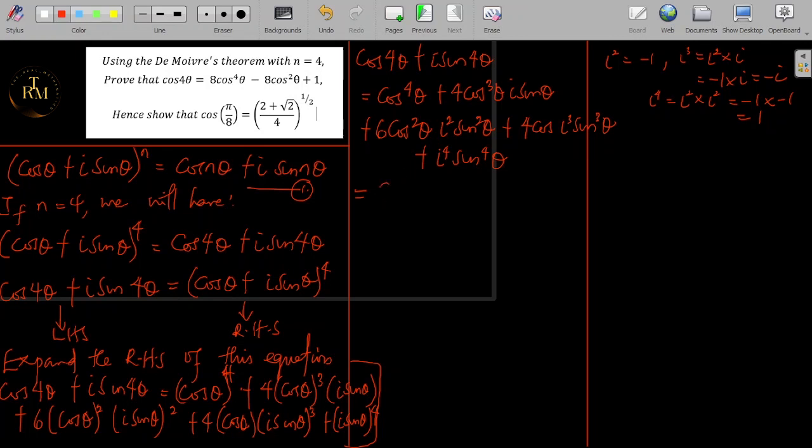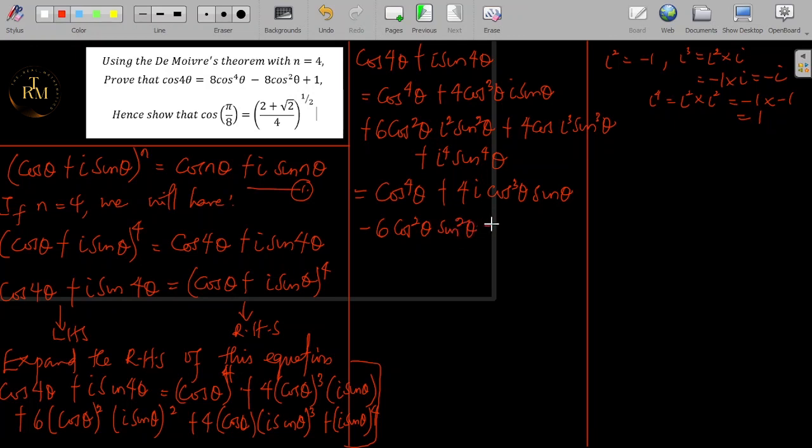So I'm going to have cos 4θ plus 4i cos cubed theta sine theta, this one here, then plus i squared here is going to become -1. So I think this should probably be -6 cos squared theta sine squared theta.